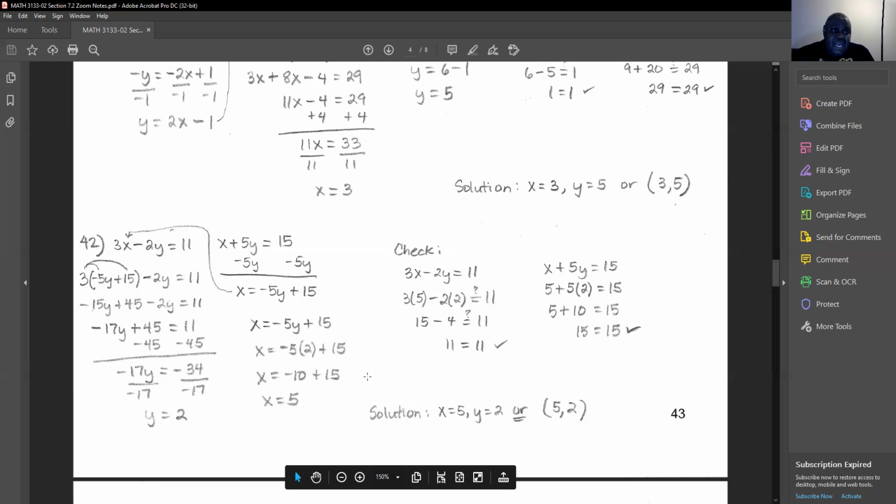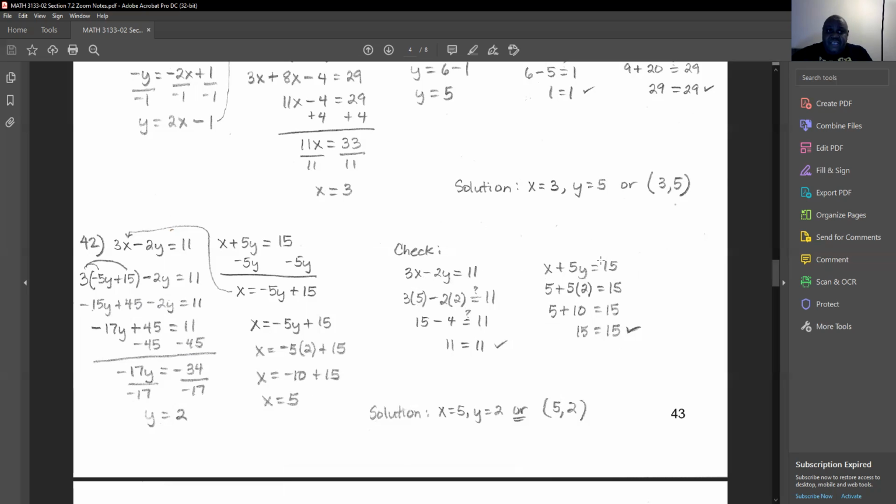If you would like, you can do the check for each one of these equations and substitute the x with 5 and y with 2 to see if the left side equals the right side. Like 3x minus 2y is equal to 11. I substitute the x with 5 and the y with 2, and you see that it does check for the first equation.